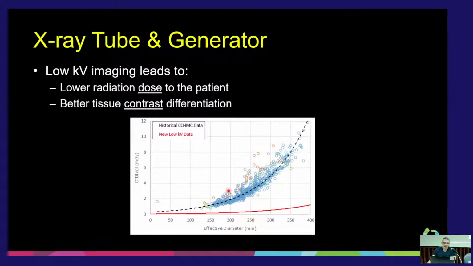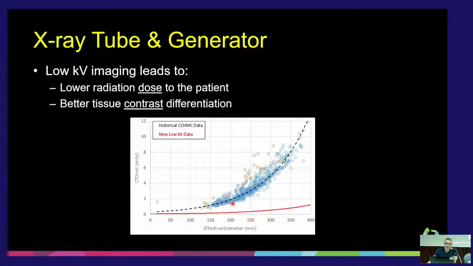So here's just a quick example of what has happened in our clinic over the last couple of years. This is data I took from Radiometrics, and I brought it into Excel just because I love to take things into Excel. There's probably 3 or 4 different scanners in here. This is just a random abdomen pelvis protocol, and it's plotted as a function of body thickness, so effective diameter.